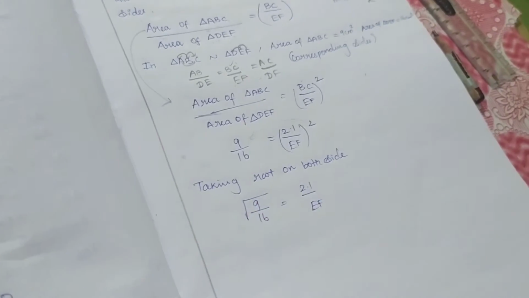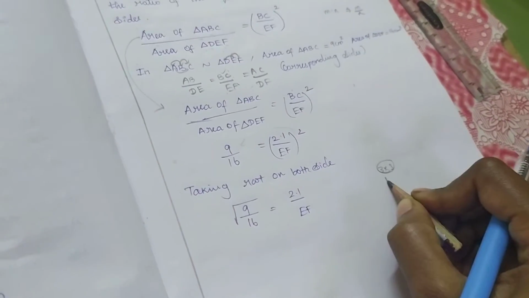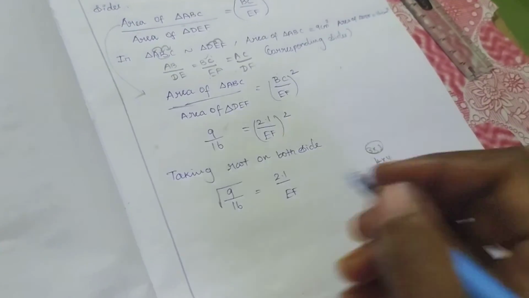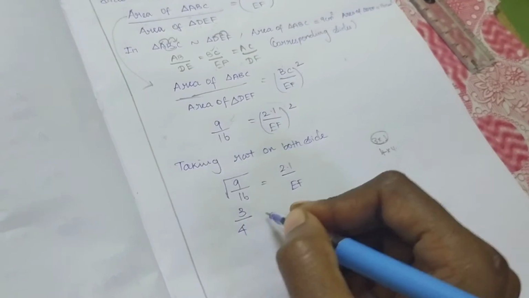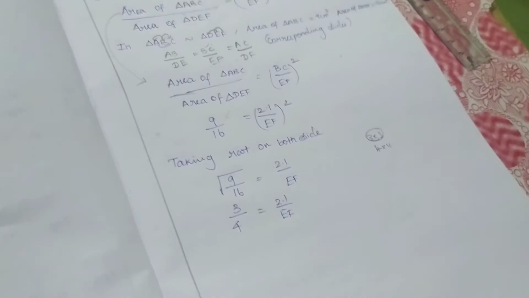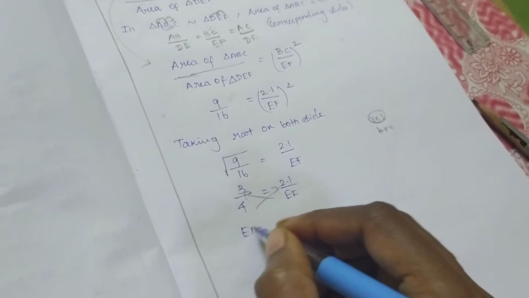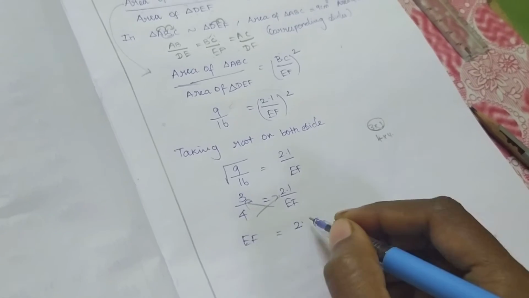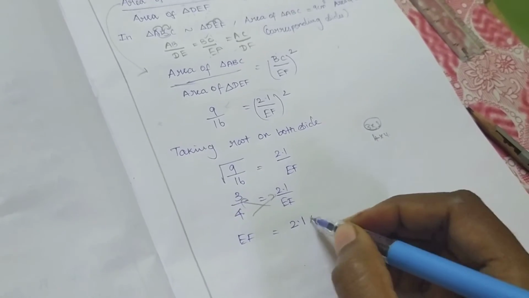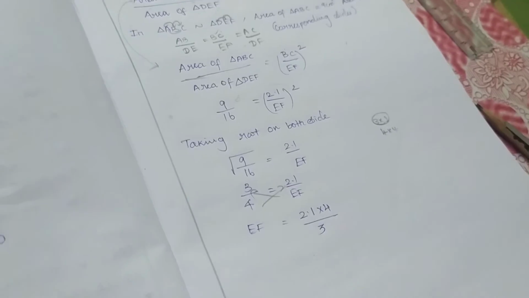So in this place, square root of 9 is 3, 3 into 3, and square root of 16 is 4, 4 into 4. So I can write 3 by 4 equal to 2.1 by EF. So cross multiplication: denominator moves to the numerator, numerator moves to the denominator.